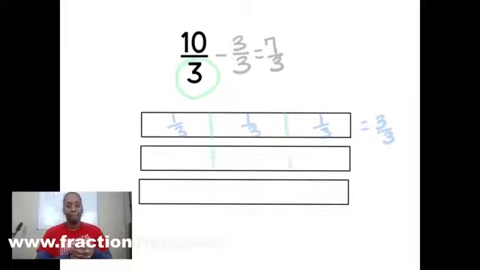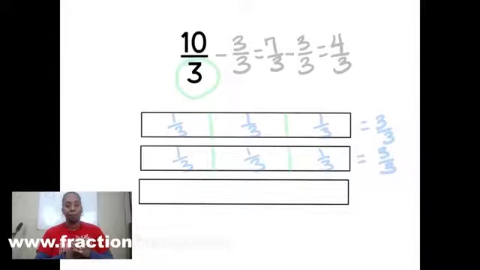So I'm going to partition my second tape diagram, and that's another 3/3. So I'm going to subtract 7/3 minus 3/3, which is going to give me 4/3.